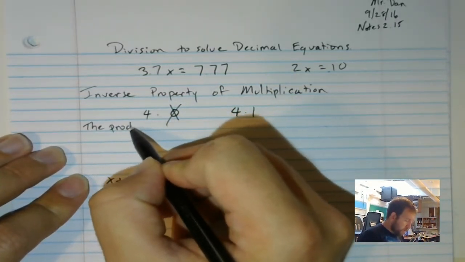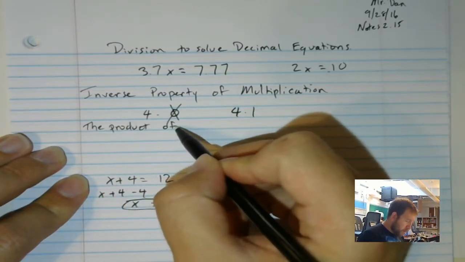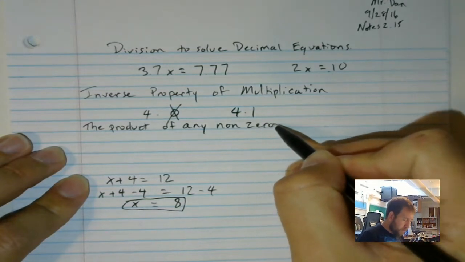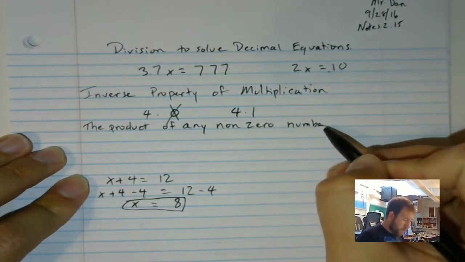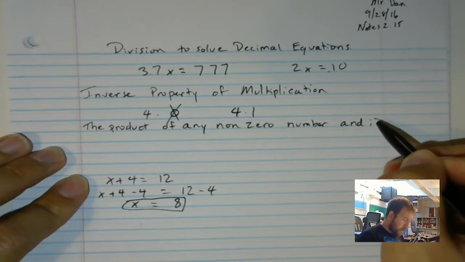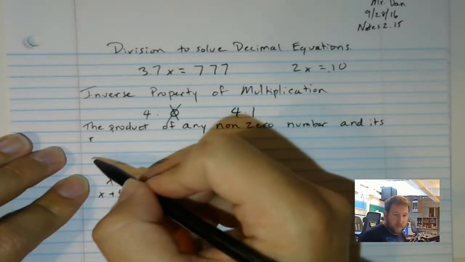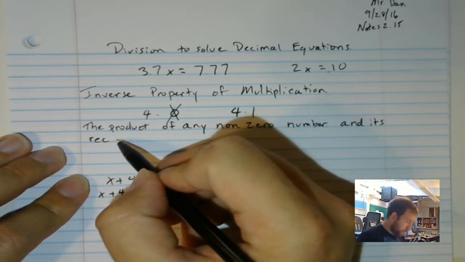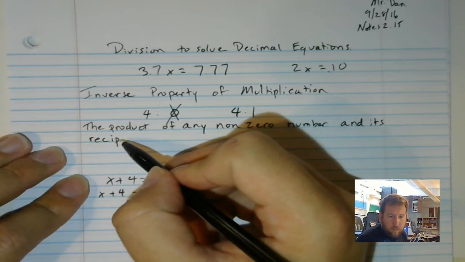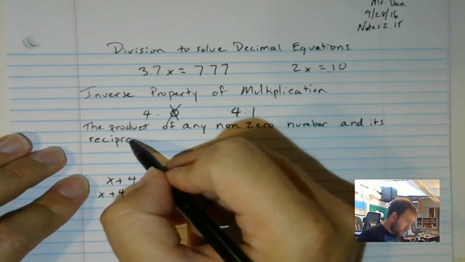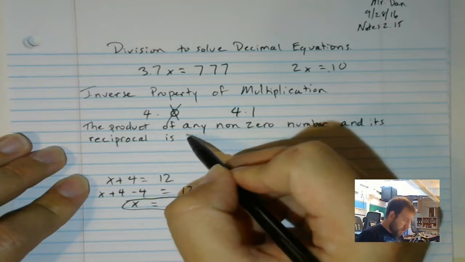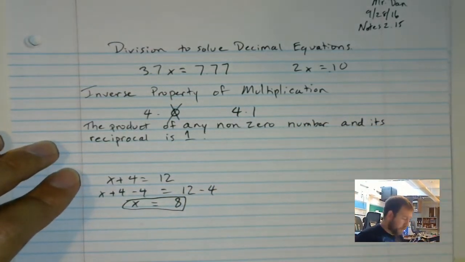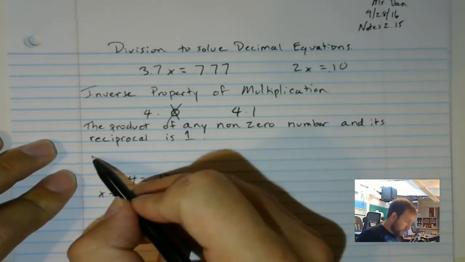The product of any non-zero number and its reciprocal, I'm going to make sure I spell this one right, reciprocal, is 1. Great. I don't know what a reciprocal is. Alright, a reciprocal is this.